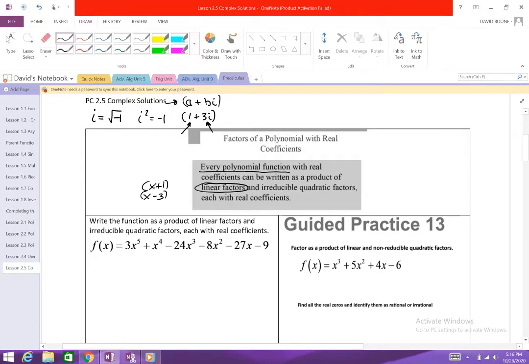It can be written as a product of linear factors and irreducible quadratic factors, in other words, quadratic expressions that can't be factored anymore. Something like x squared plus 3 can't be factored anymore. That's an irreducible quadratic factor.